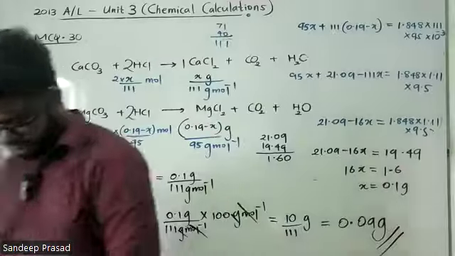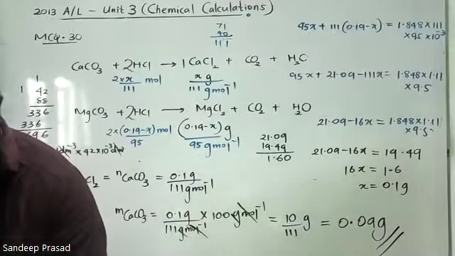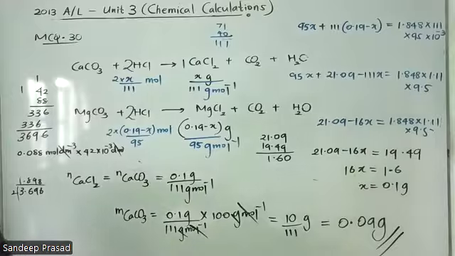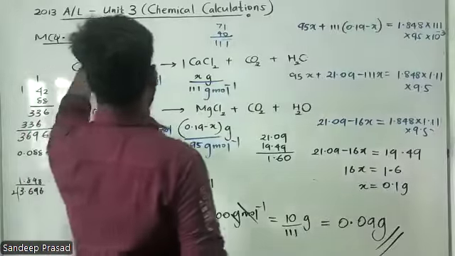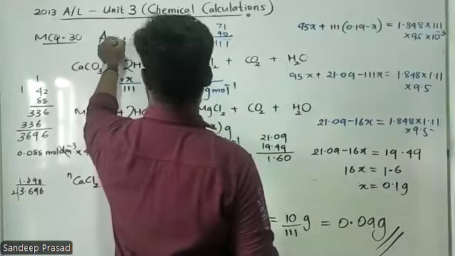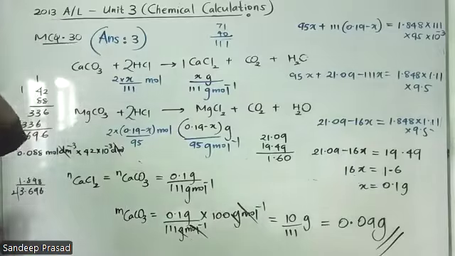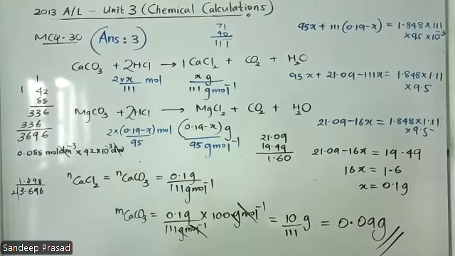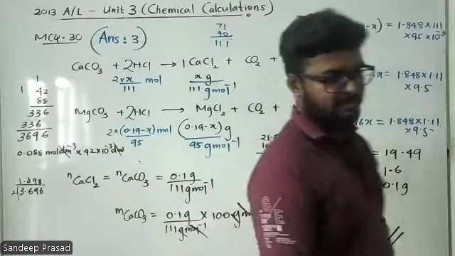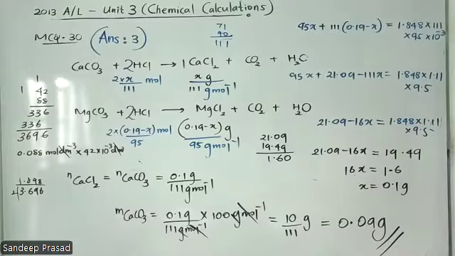That is the answer. Question number 30. Answer is number 3. Students, look at the calculations they have given. These are the past exam calculations. You are not given a calculator in the exam. Keep that in your mind.